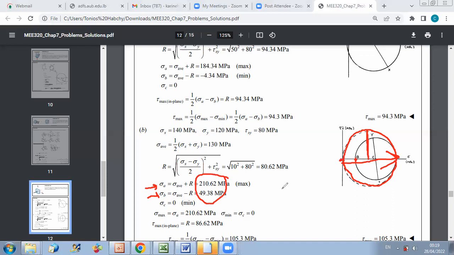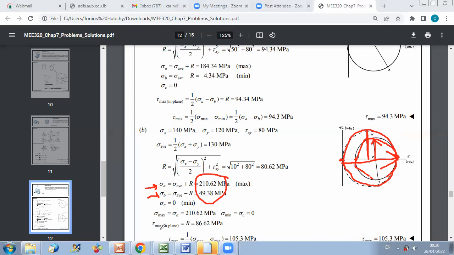And then I can say that if they ask for the maximum in plane stress, the maximum in plane stress will be just equal to the radius of this circle. But if they want the absolute maximum, I should take the radius of the big circle.